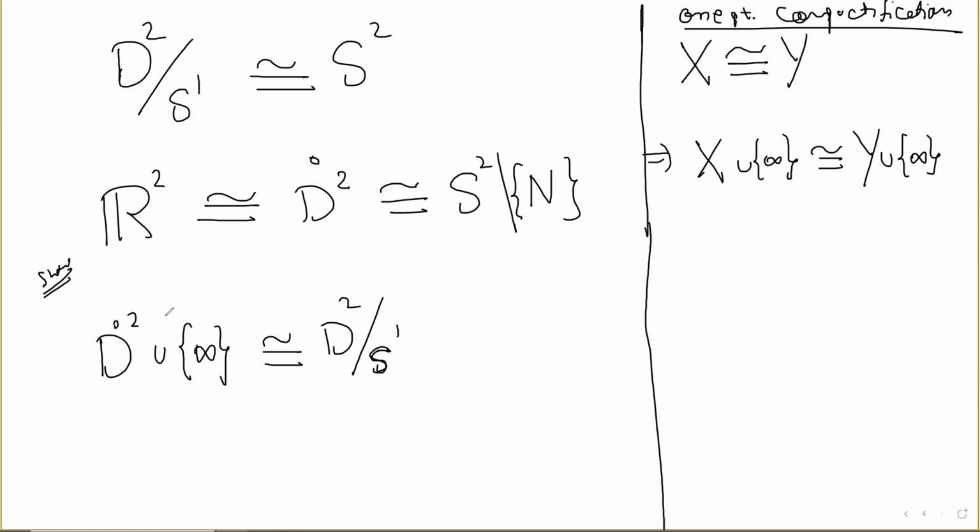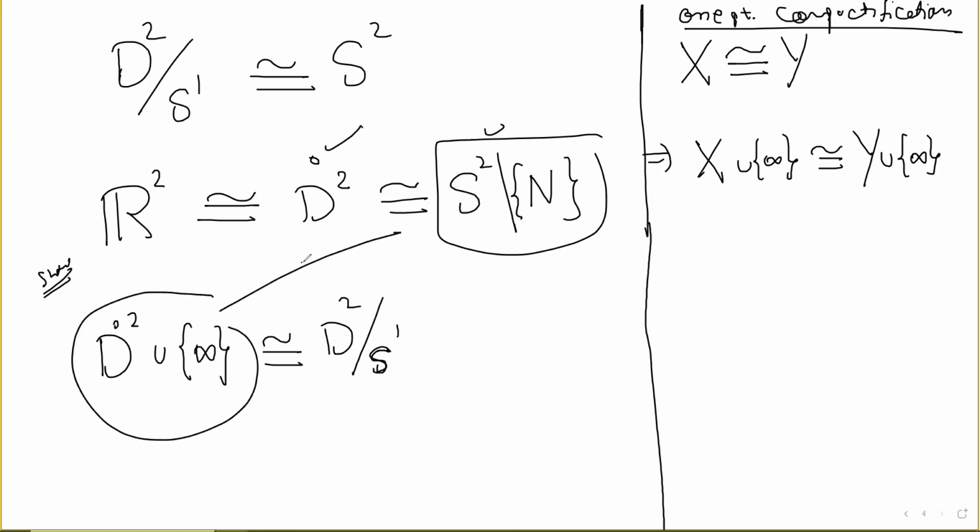If we show this, then we are done because these two are homeomorphic, so their one point compactifications will be homeomorphic. And the one point compactification of this is, of course, S2. So this is homeomorphic to this, which we already know. Now we need to show this part.